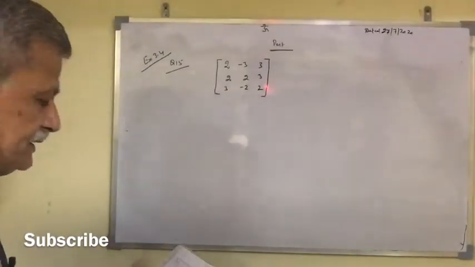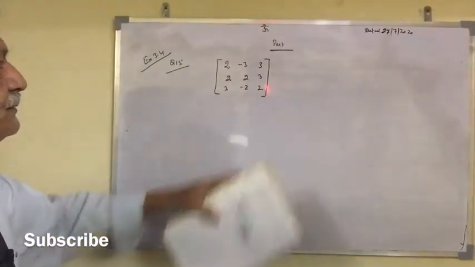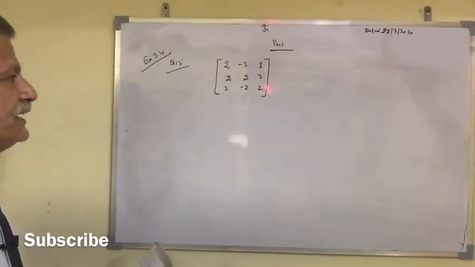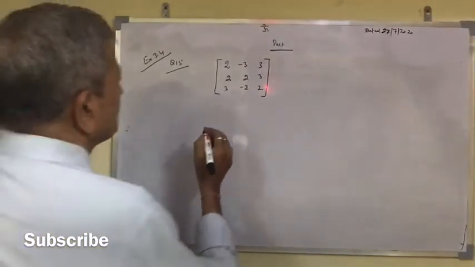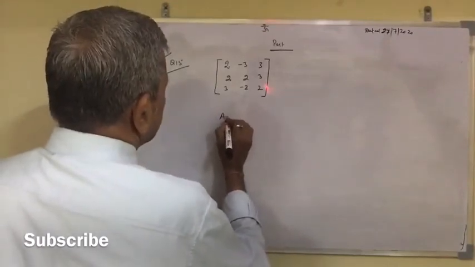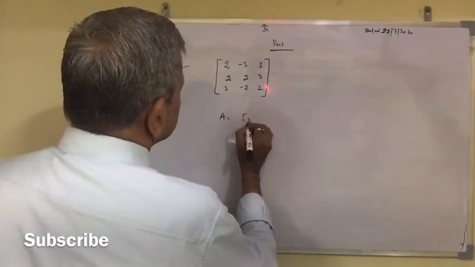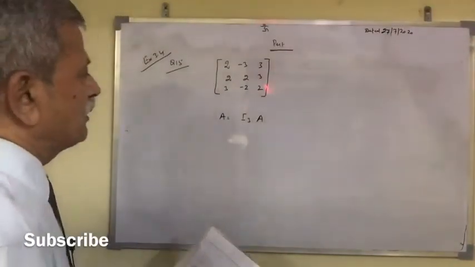Question number 15: you are given this matrix A and you have to find its inverse by row transformations. Now how do we do it? Let us suppose I write down A, and now I'll use I3 alongside A. We have to do the same operations.